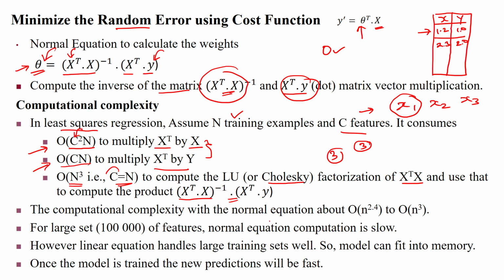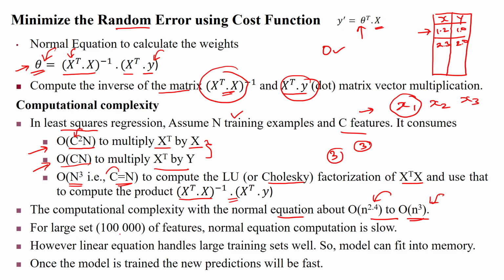The computational complexity for the normal equation will be order of n cube. Exactly, it will be order of n power 2.4 up to order of n cube. So approximately we can say order of n cube.